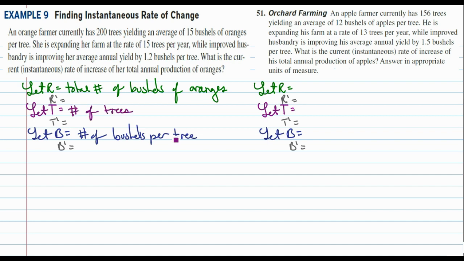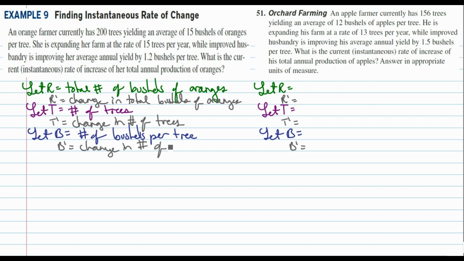When we take the derivative of each of these, the derivative is going to represent their rate of change. So R prime is going to be the change in total oranges. T prime is going to be the change in number of trees. And B prime is the change in number of bushels per tree.